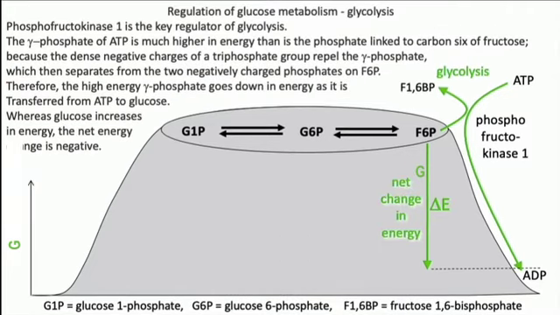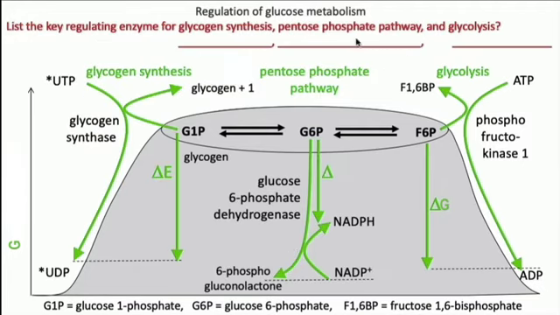And in fact, this same idea of the net energy change making these steps irreversible applies to the pentose phosphate pathway and to glycogen synthesis. A learning objective is to identify the key regulator for glycogen synthesis, pentose phosphate pathway, and glycolysis. Please go ahead and do so, but I'm going to move on.